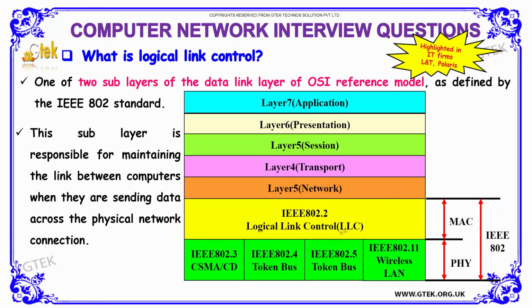Our next question is, what is logical link control? It is nothing but one of the 2 sublayers of the data link layer of your OSI reference model, defined by your IEEE 802 standard.